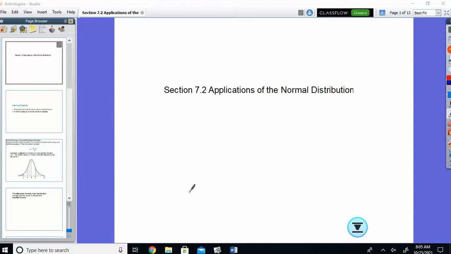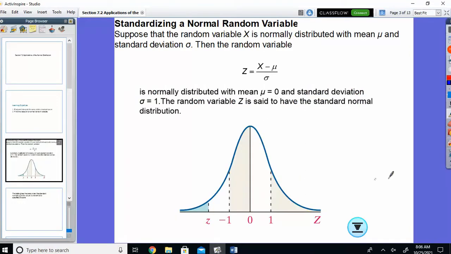And so we have to be able to take those and put them in terms of a common unit. So that is the first thing we're going to do. We're going to talk about what's called a z-score, which is basically just taking any set of continuous data and getting it in terms of the same unit, so we could use one table to calculate all those probabilities instead of trying to do everything by hand.